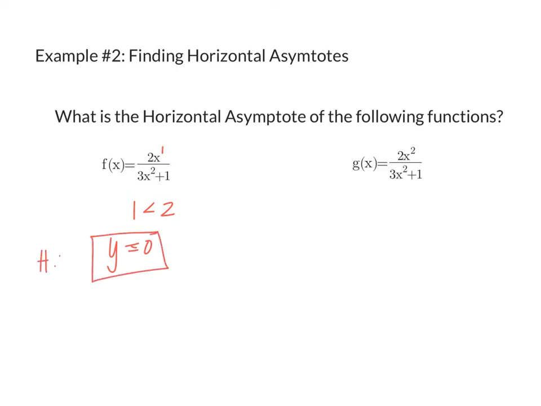On the second one, the leading terms' powers are both 2. Since they're the same, the only thing we can focus on are their coefficients. So this horizontal asymptote is y equals 2/3. In other words, I have to create a fraction based on the coefficients of the leading terms.